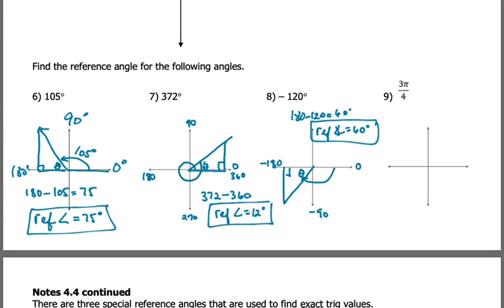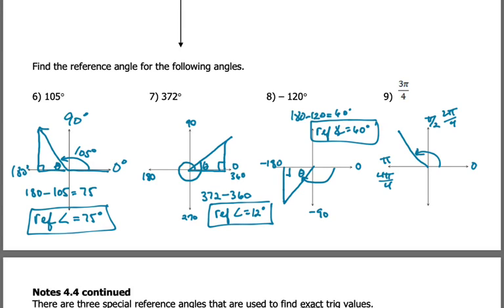Okay, 3 pi over 4. So now we're talking about radians. Remember, this is 0. This is pi over 2 radians. This is pi, which is the same thing as 4 pi over 4. And I probably should say pi over 2 is the same thing as 2 pi over 4. So 3 pi over 4 lies right here, halfway between those two.